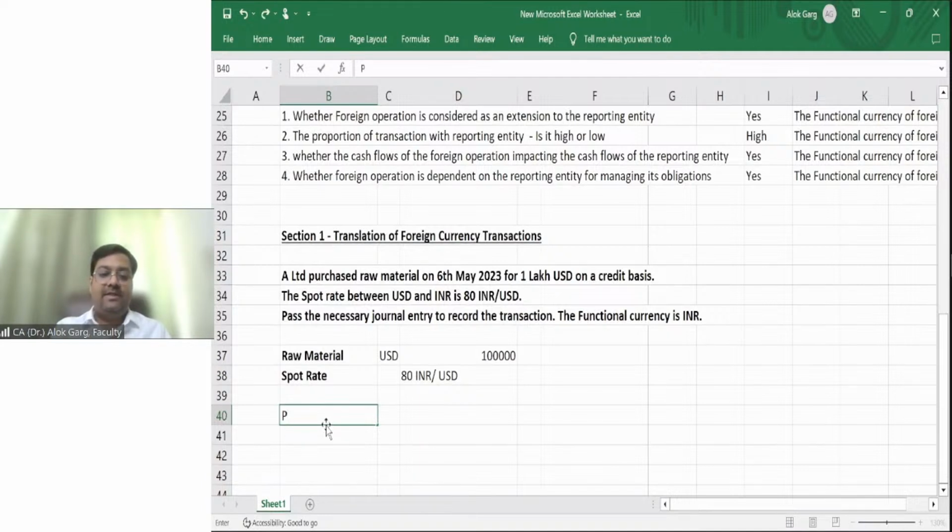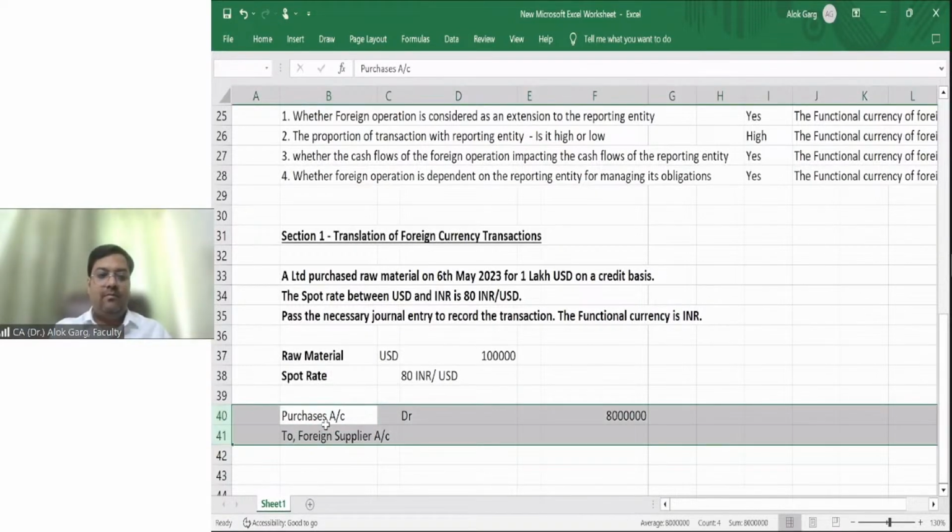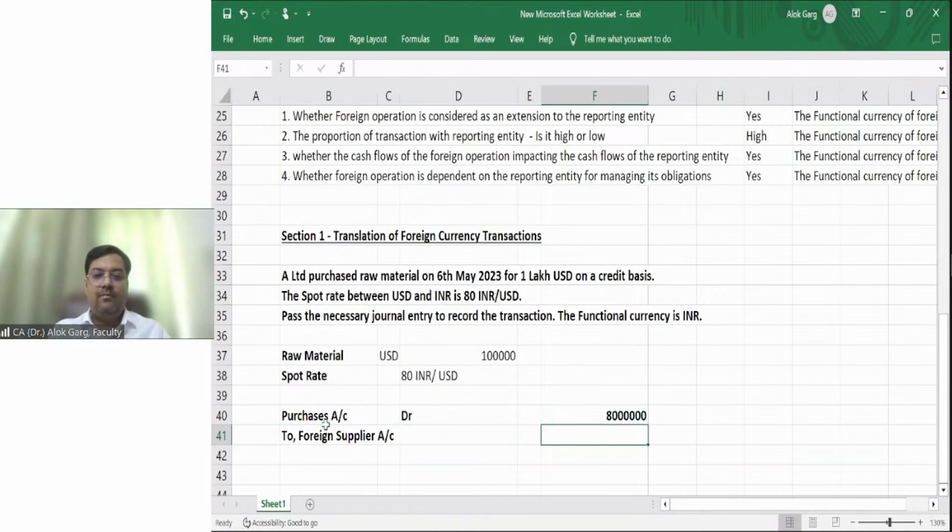Purchases account debit, 1 lakh multiplied by 80, to foreign supplier account, 80 lakh, right?